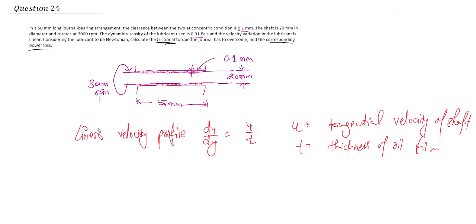After that you also know that the viscous shear stress tau is equal to mu du/dy. So I can write it like mu U by t.